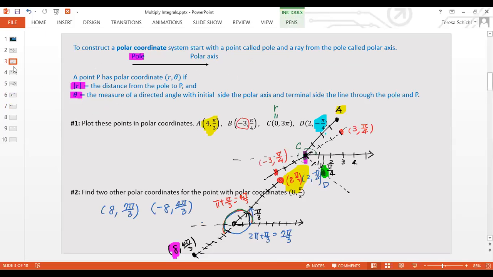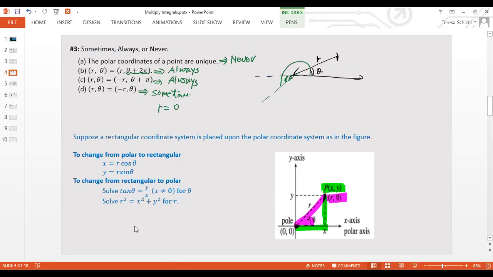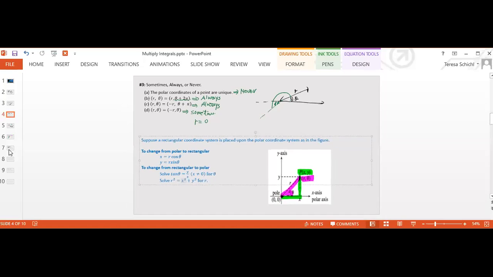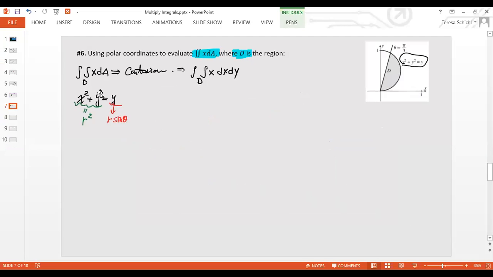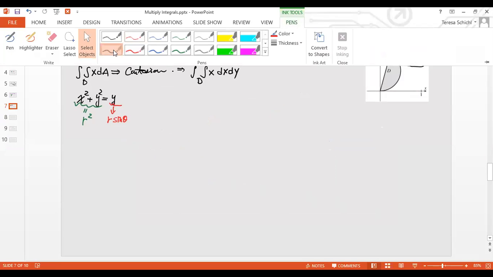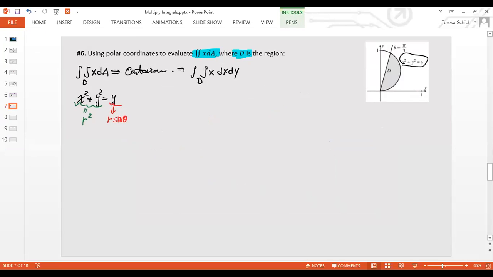Remember, like we did here, x is r cosine theta, y equals r sine theta, and r squared is equal to x squared plus y squared. So now we transfer that: r squared equals r sine theta. So I can say r is equal to sine theta.